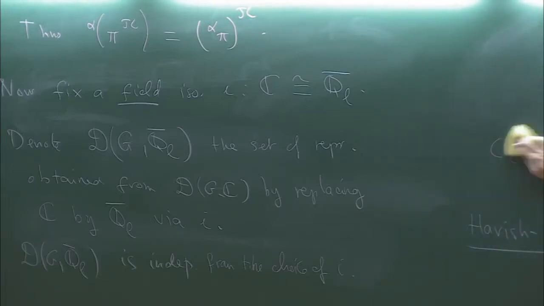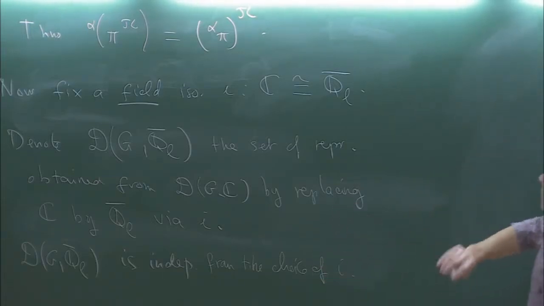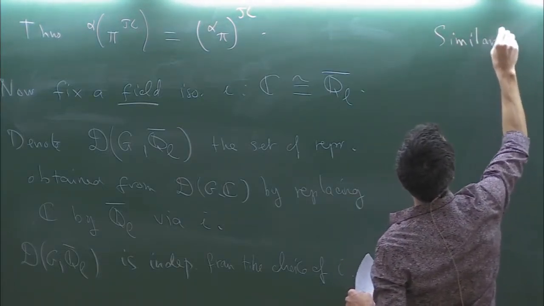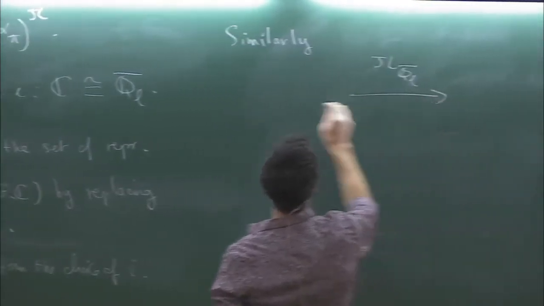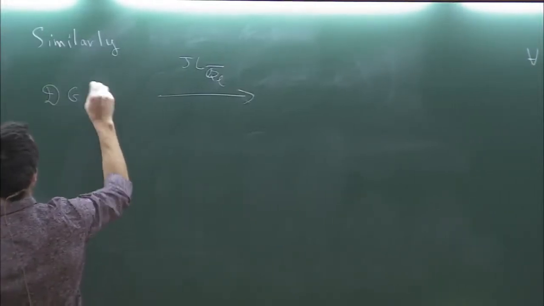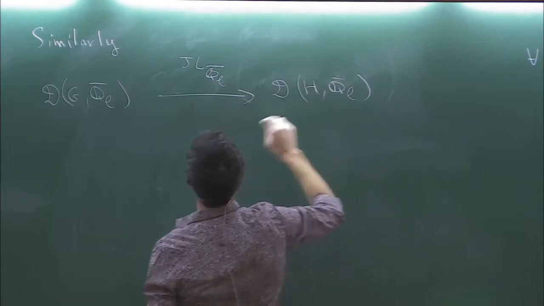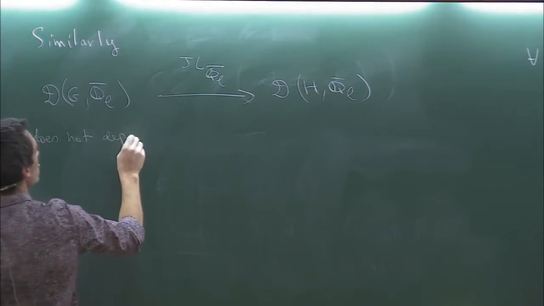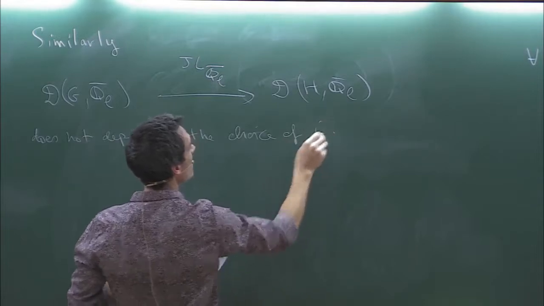It will be the same for the Jacquet-Langlands correspondence. Now, if you replace C by QL bar by using iota again, similarly, the L-adic Jacquet-Langlands correspondence between DG QL bar and DH QL bar does not depend on the choice of iota.